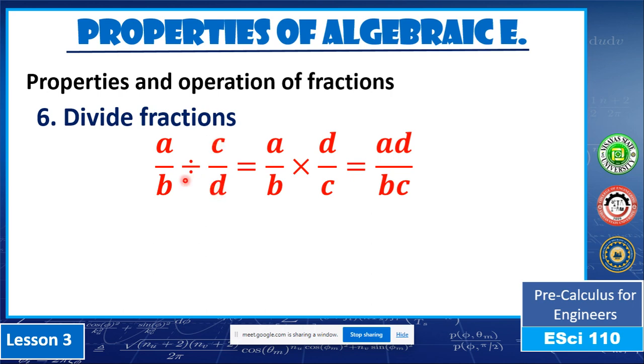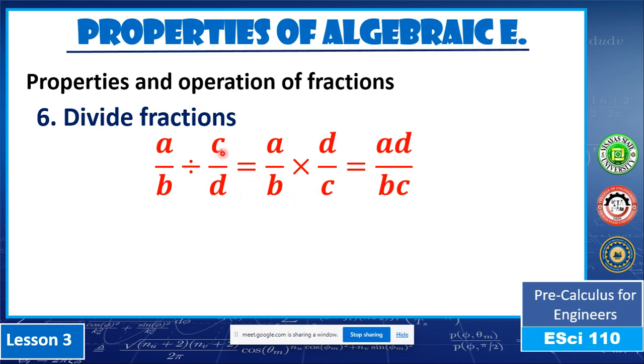Because in dividing numbers, you have two parts. You have the dividend and the divisor. The first part is the dividend, and the second part is the divisor. So just take note with your divisor, because your divisor, you need to reciprocal this one. Take the reciprocal of your divisor and then proceed to multiplication. So this is the rule on dividing fractions.